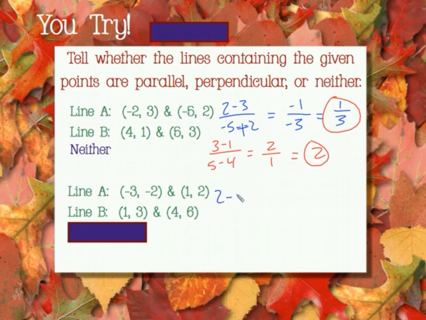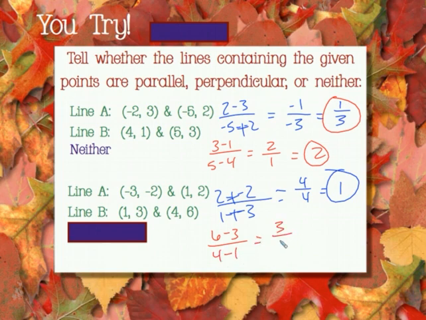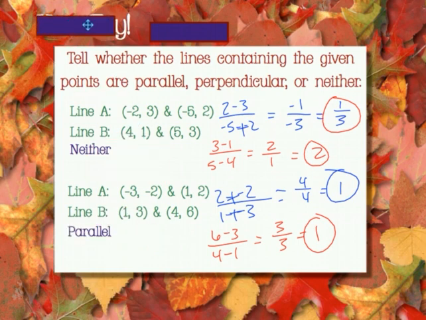And we do 2 minus negative 2 all over 1 minus negative 3. Sorry, you get 4 over 4, which is just 1. 6 minus 3 over 4 minus 1, you should get 3 over 3, which is just 1. So those are parallel.